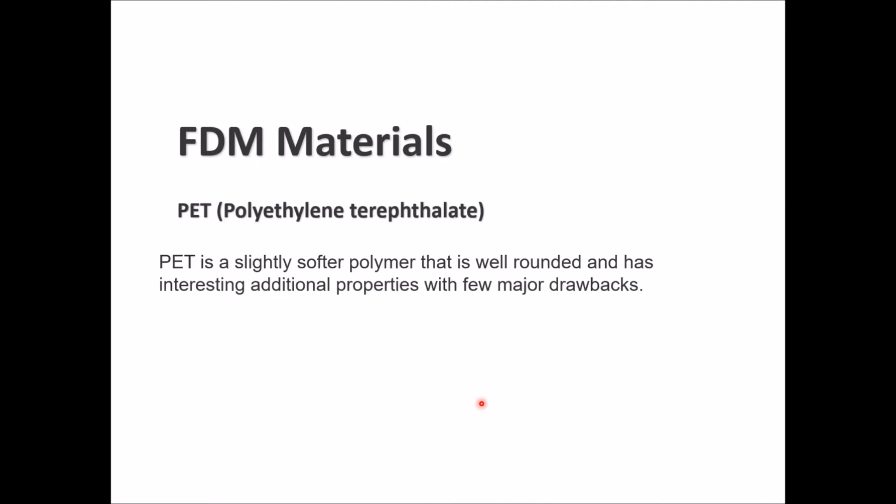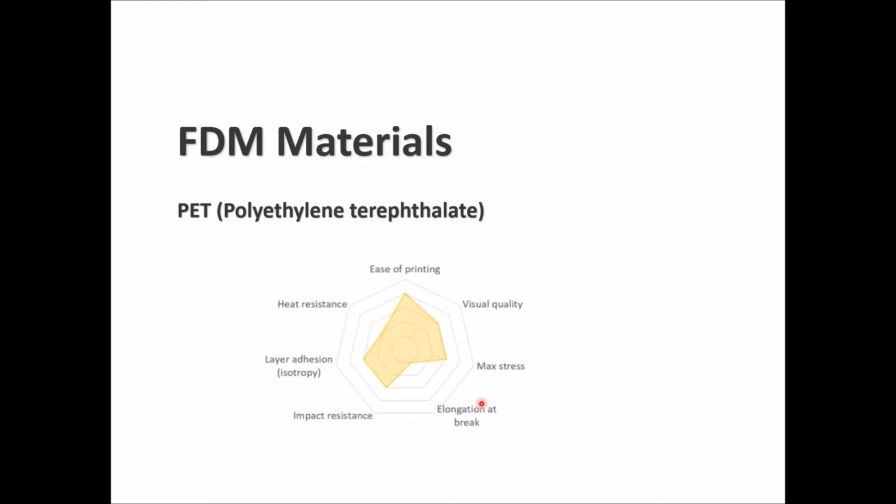If you want to go with the PET material, polyethylene, it is a slightly softer polymer, and it is considered a rounded polymer during printing. It has different kinds of additional properties and has a few drawbacks and downsides in terms of properties.